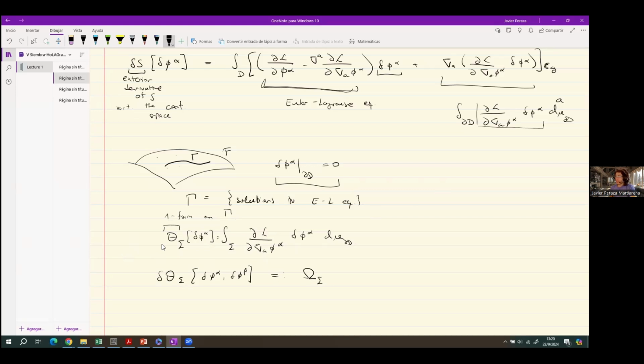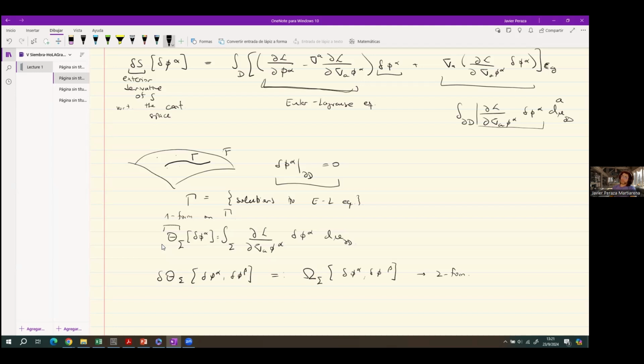Okay, so we start with the Lagrangian, we derive the presymplectic potential. From the presymplectic potential, we construct the presymplectic form just by taking the exterior derivative in this solution space. Okay, and this is a true form on configuration space.